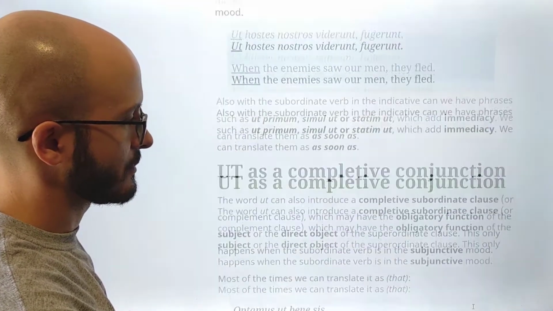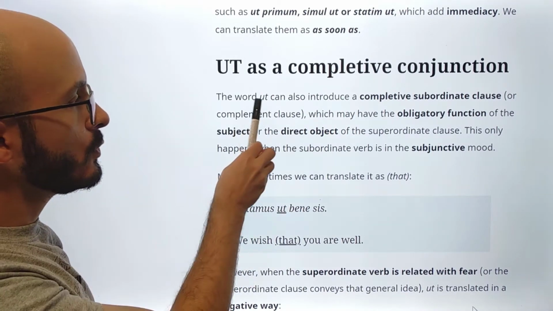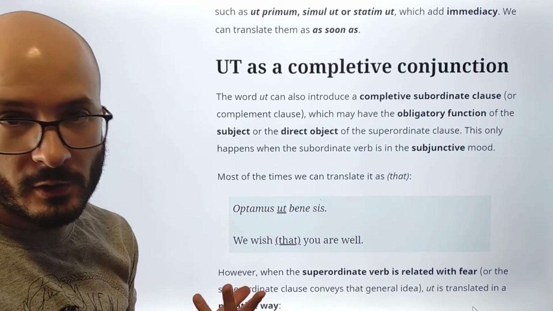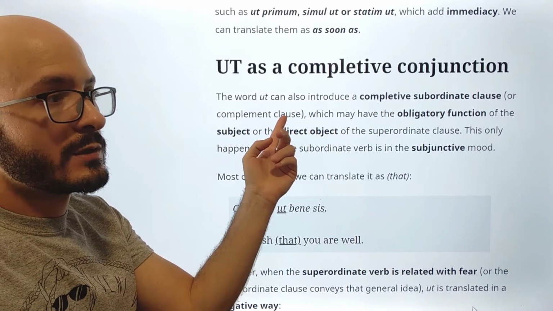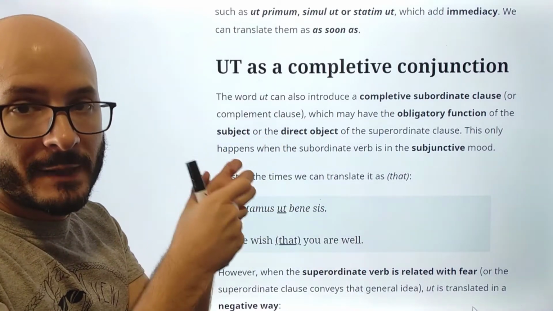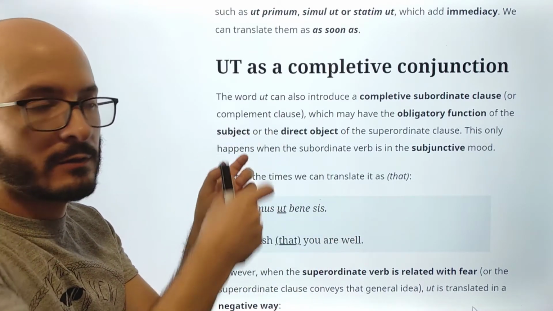Okay, that's quite easy. Then ut as a completive conjunction. The word ut can also introduce a completive subordinate clause or complement clause. You might be more familiar with this complement clause because this subordinate clause is a complement of the main clause, of the superordinate clause, okay?